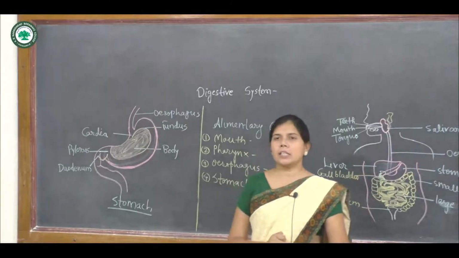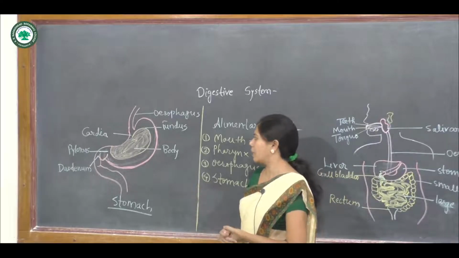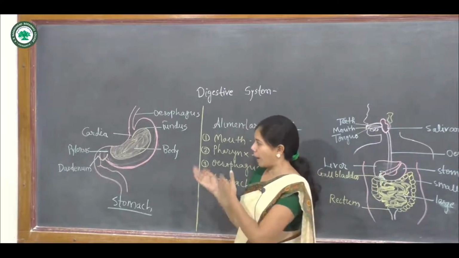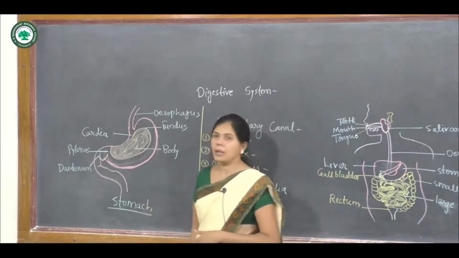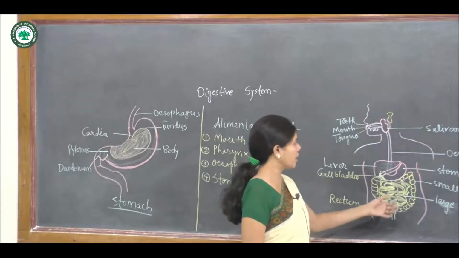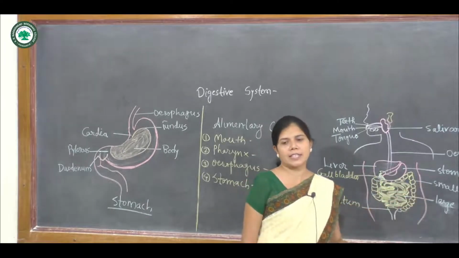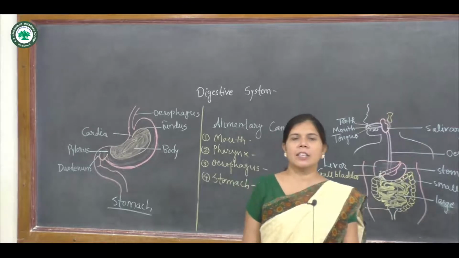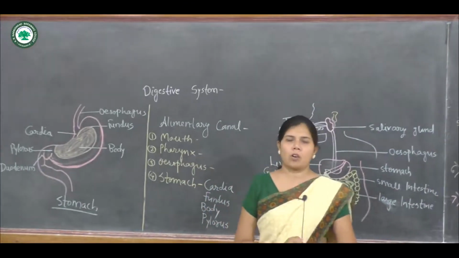The stomach has four parts: the cardia, fundus, body and pylorus. The pylorus is continuous with the first portion of the duodenum, which is part of the small intestine. In human beings, the small intestine is about 6 meters long.